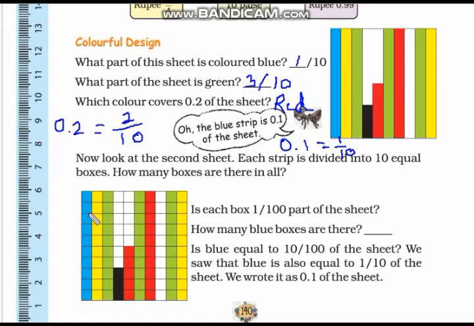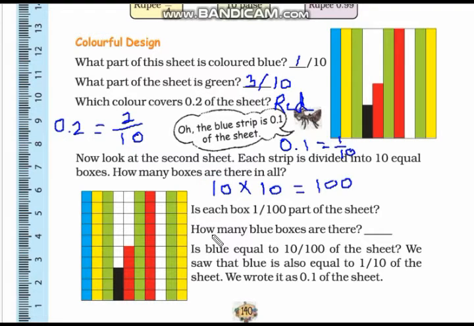That means here 10 times 1, 2, 3, 4, 5, 6, 7, 8, 9 and 10. So 10 into 10 is equal to 100. So total how many boxes are there in all? 10 into 10 is equal to 100.